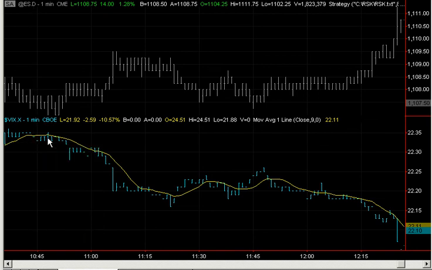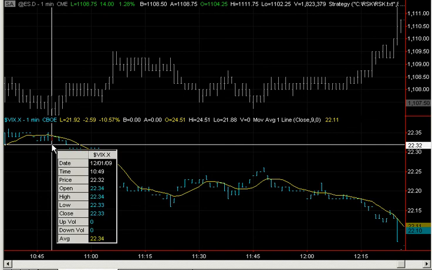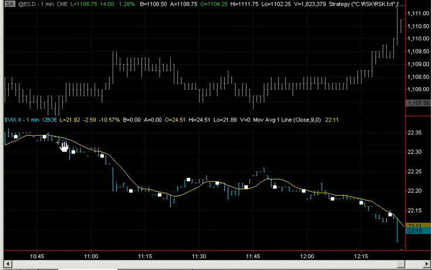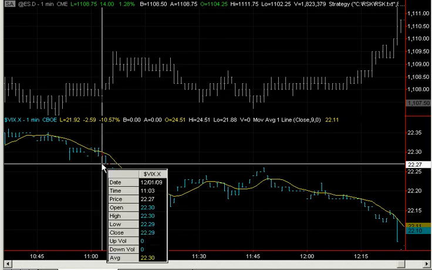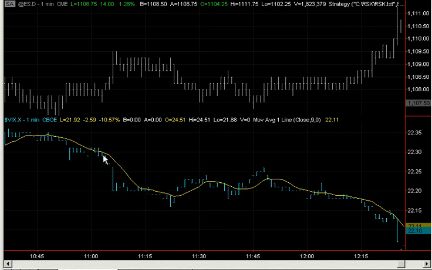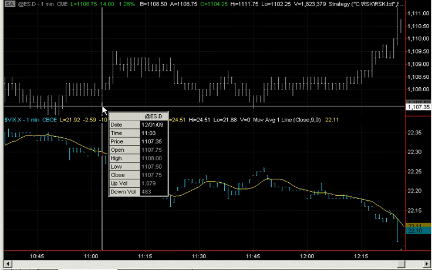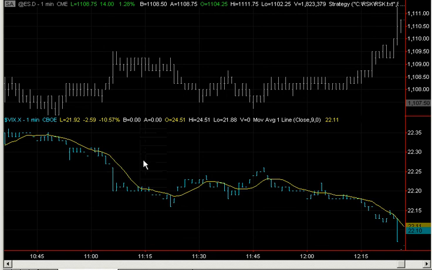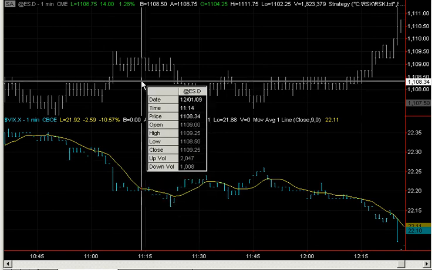It happens again here, and then conceivably right about in here. Now, this doesn't get you much because we drop above again over here. But notice on this bar, right there, you're dropping below the moving average. It corresponds to this bar here and a nice trade. Even if you got filled at 1108, you're running that up to 1109.